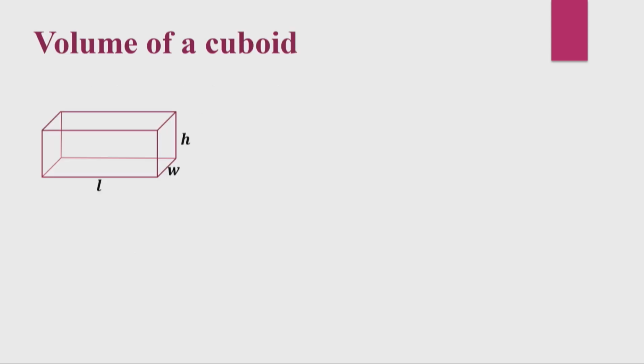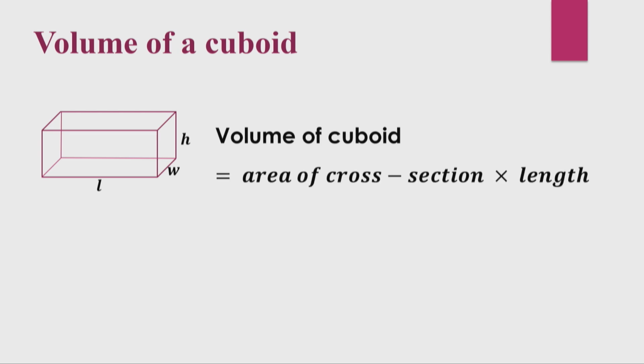Next, we have volume of a cuboid. To calculate volume of a cuboid, area of cross-section multiplied by length, which is equal to L multiplied by W multiplied by H, which is equal to LWH. Let's apply this formula in the next example.